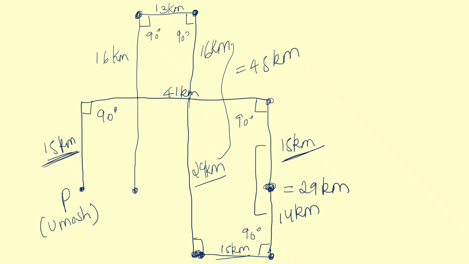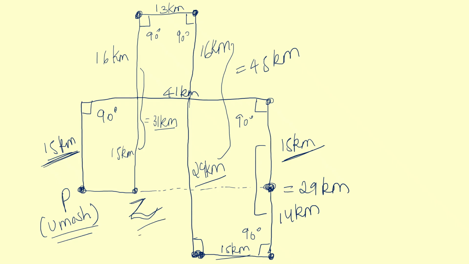So it'll be at the same point as P. Understood? So this will be 15 kilometer. So total it will be how much? 31 kilometer. Understood? So this will be point Z. So now he reached here. Driving from point P, he reached till point Z.